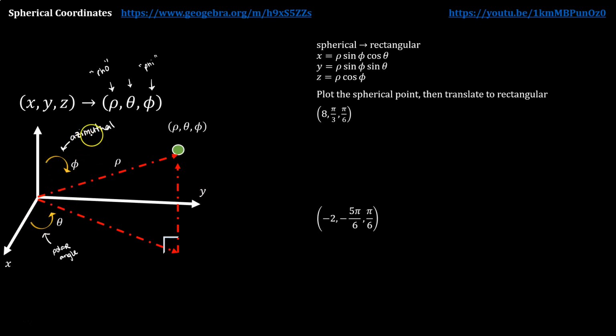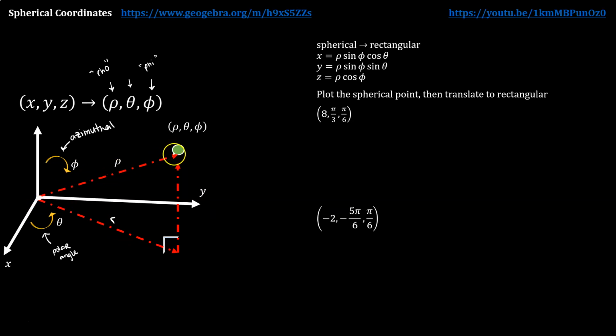So to plot things in spherical coordinates, you first start by setting a radius, but this time it's not a radius that's stuck in the xy plane like r from polar coordinates. This radius comes from the origin and it goes all the way directly out to the point.